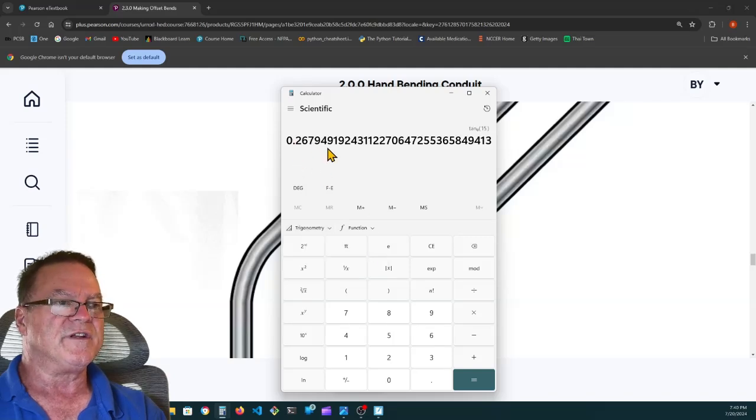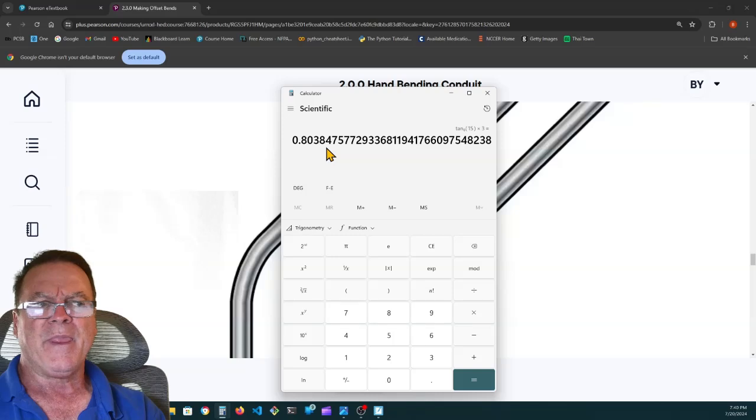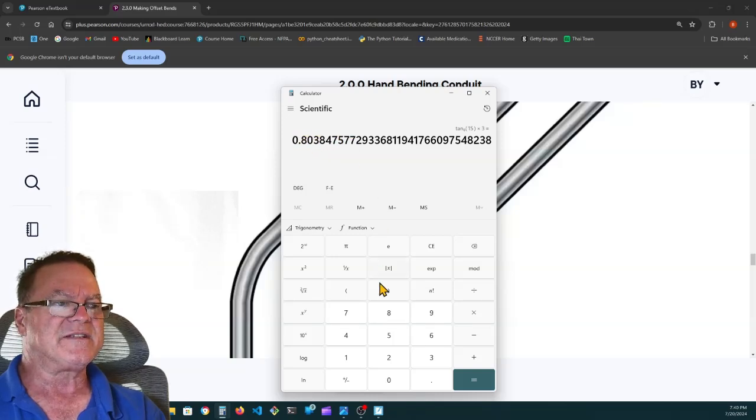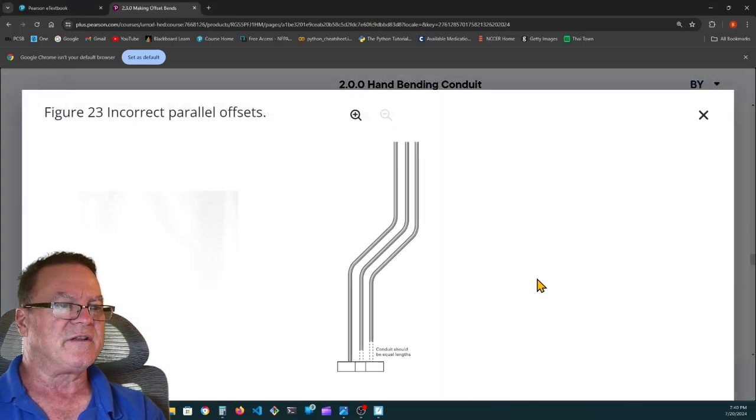It's a quarter of an inch, and we'll multiply that times the 3 inches between our conduits, and we're going to increase the length of the second conduit by 8/10 of an inch. So approximately 13/16. If I don't know how many sixteenths this is, I can always just multiply times 16, and it'll tell me 12.86. It's 13/16 basically.